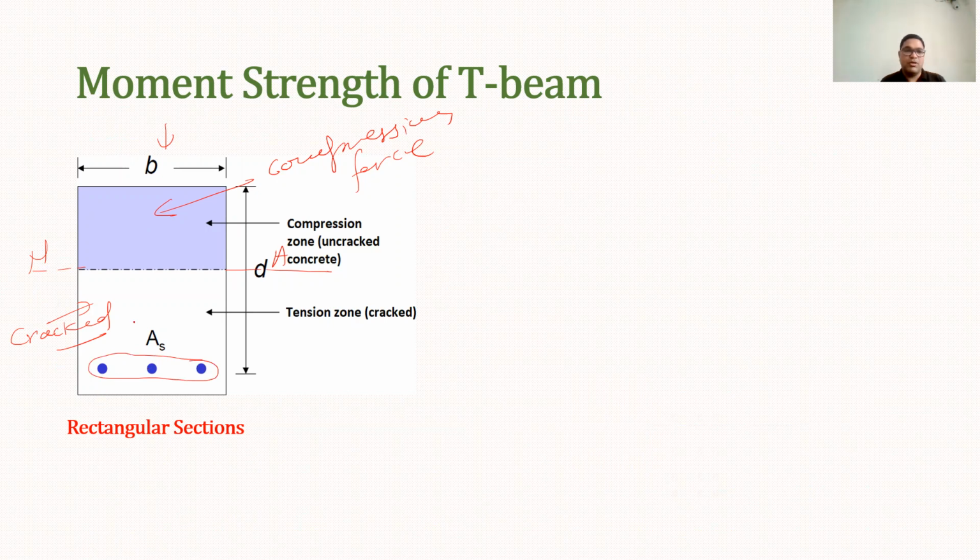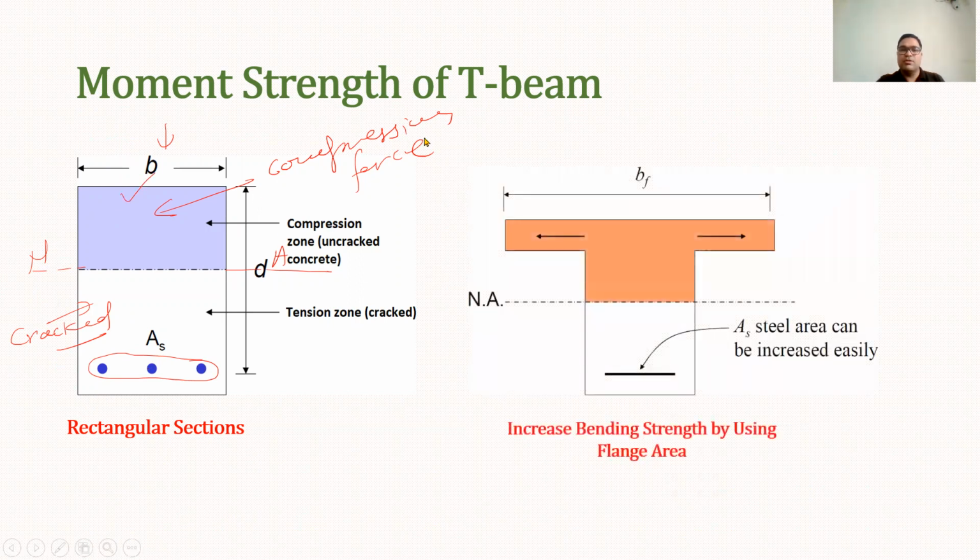reinforcement steel. Now, as you can see, the area is less as compared to the T-beam. So when we provide a T-beam, the area in compression will increase. When the area increases, we can provide more reinforcement to balance that area, and ultimately the moment of resistance or load carrying capacity of the beam will increase.